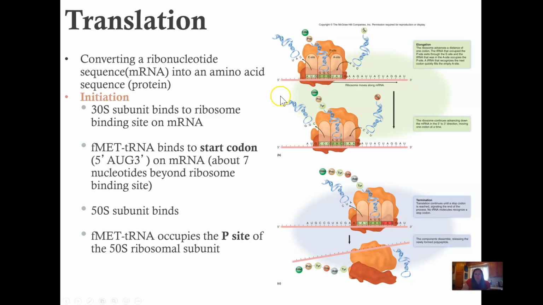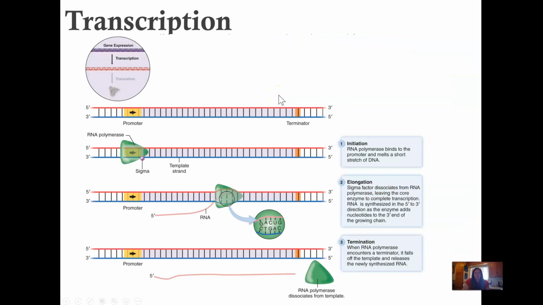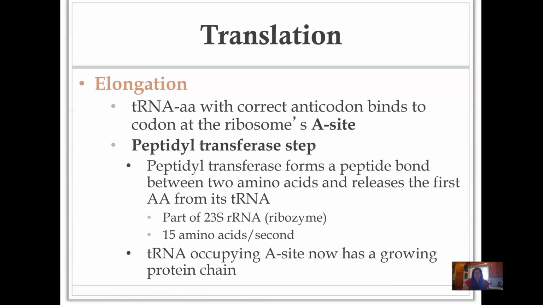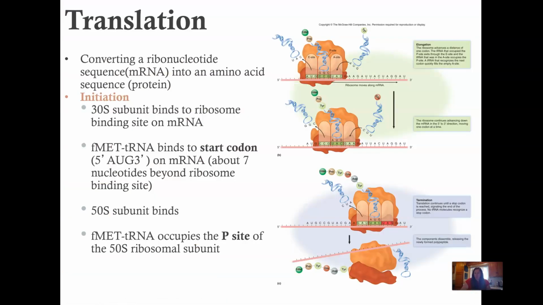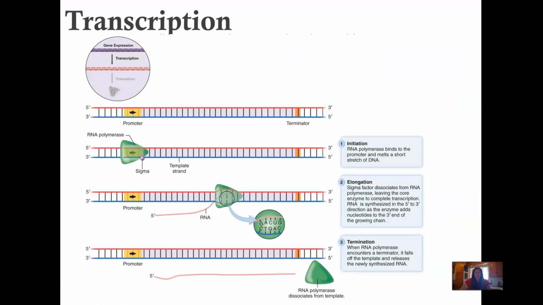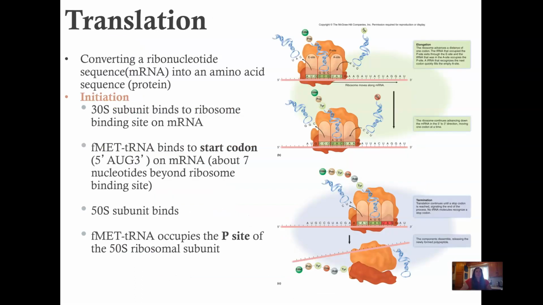Why is this showing elongation? Do I not have a... Oh, I guess I don't. Okay, sorry. There we go. So it's going to scan along the messenger RNA transcript until it finds its first start codon. And at that point, we have initiation of translation.